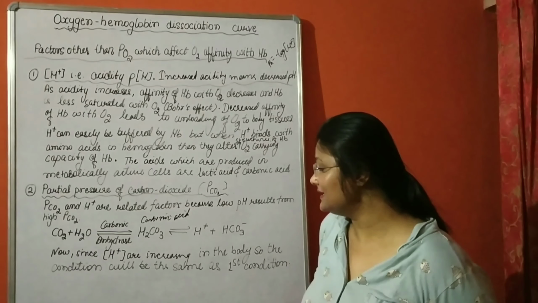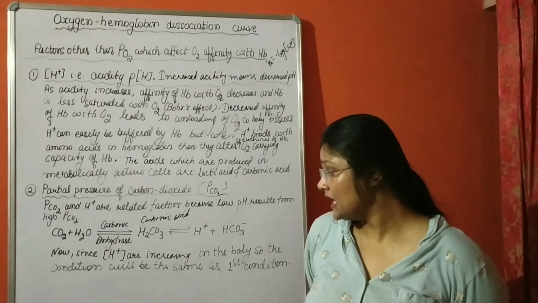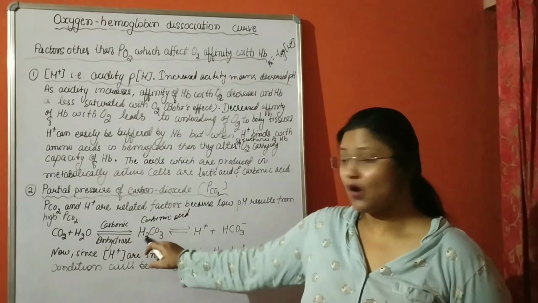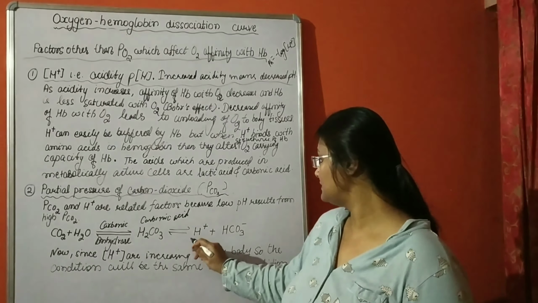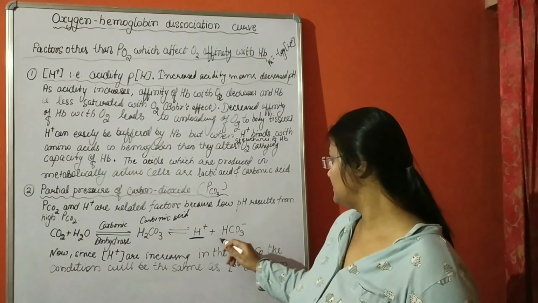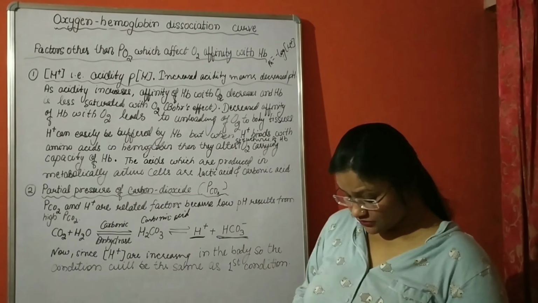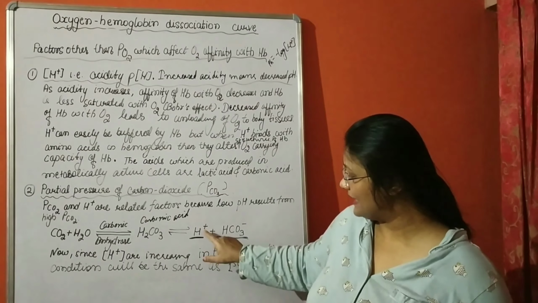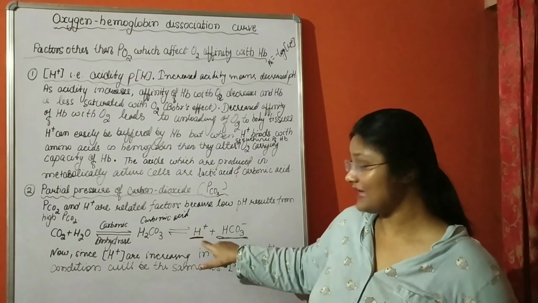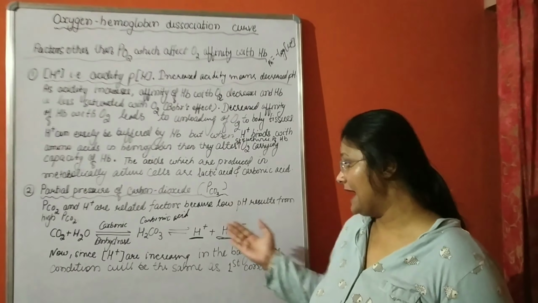So carbonic acid is increased, and this carbonic acid has a tendency to dissociate into H plus and bicarbonate ions.